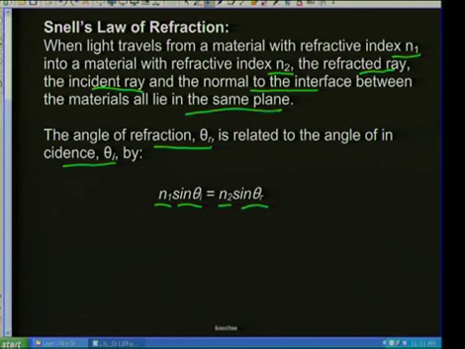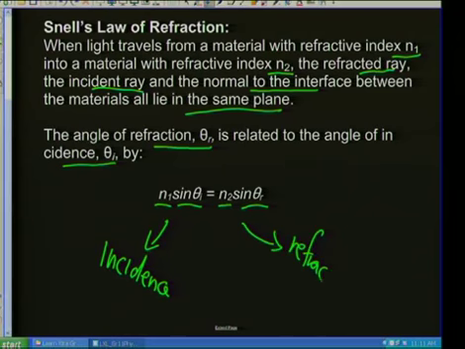So material 1, this is on the incident side, and this is on the inside, after refraction. This is when refraction has taken place. And so it's easy to separate it. This is before, this is the picture before, and this is the picture after.